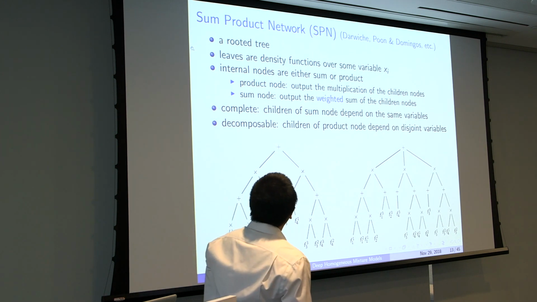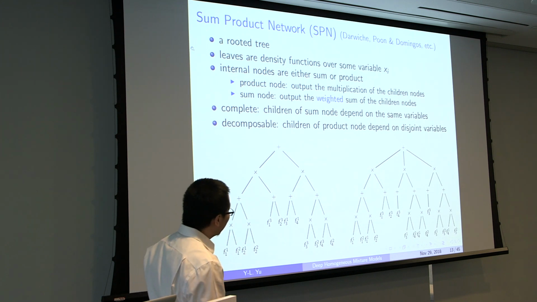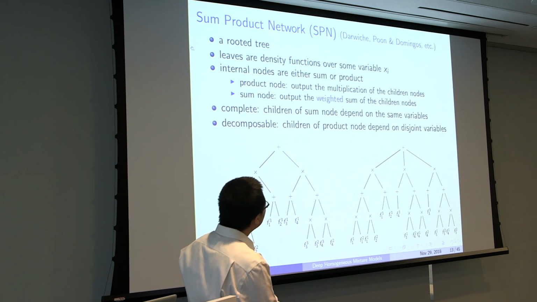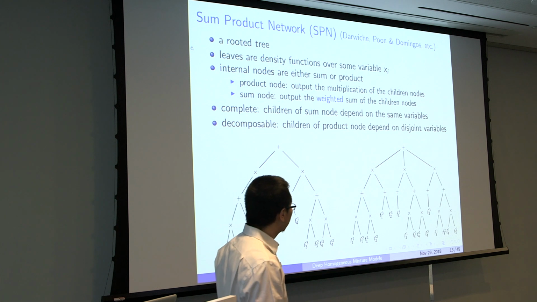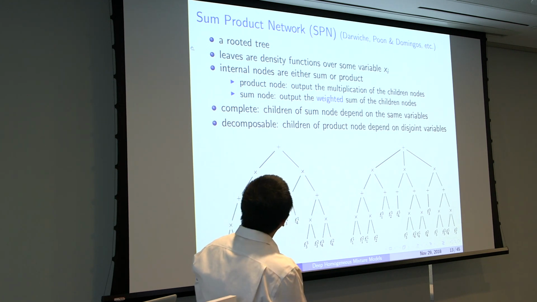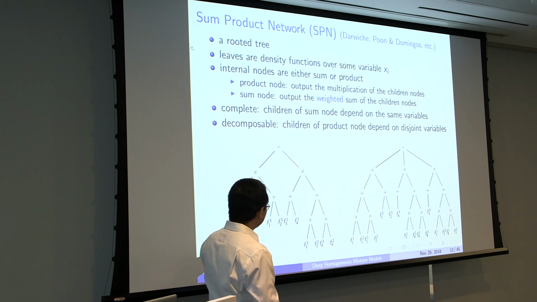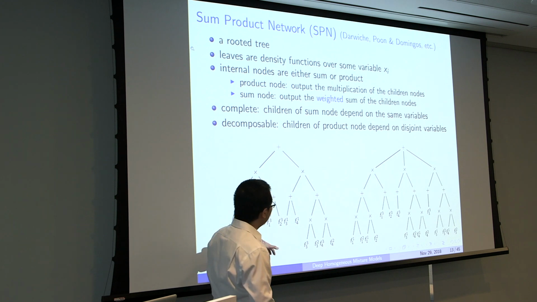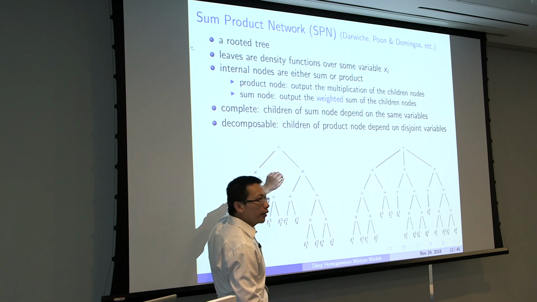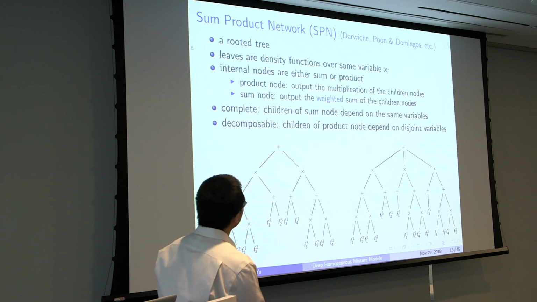Okay? And in particular, there is a special class of sum product networks, known as complete and decomposable sum product networks. They are useful because if the network is complete and decomposable, then if you put density functions at the leaves, it's guaranteed that at the top you get a distribution function. And there are also computational consequences of this.